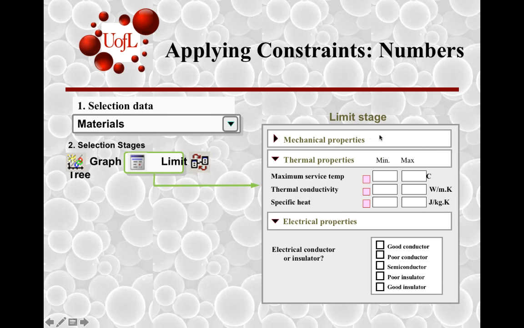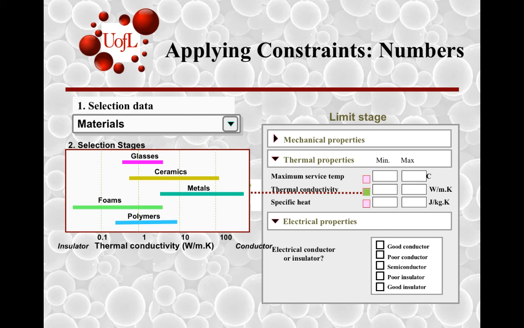Right? So the limit stage is based on what are some controlling design criteria in terms of thermal properties and electrical properties. At the first stage, the selection stage, here, if you decide that we want to look at thermal conductivity as a property, for all the different material classes, thermal conductivity is provided over this type of a range. Right?